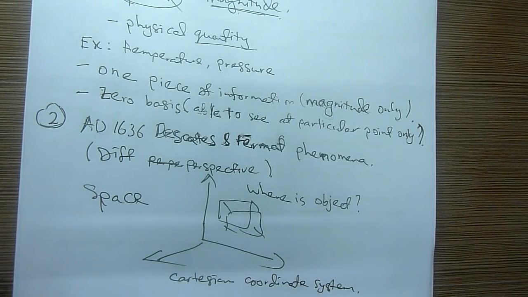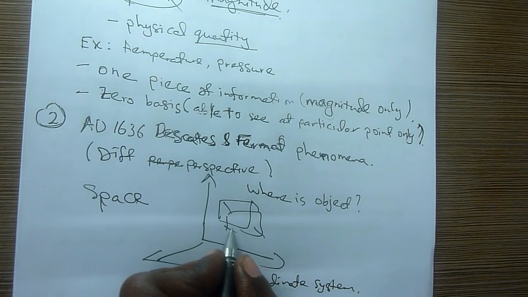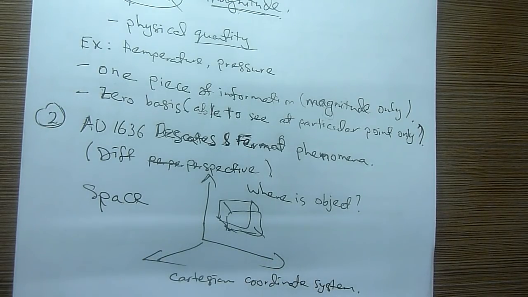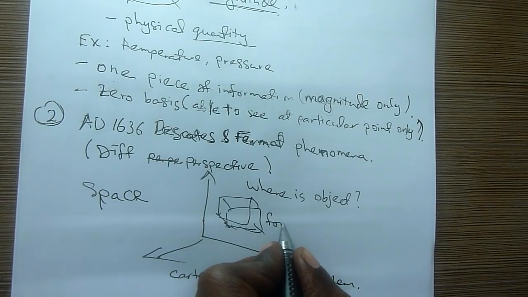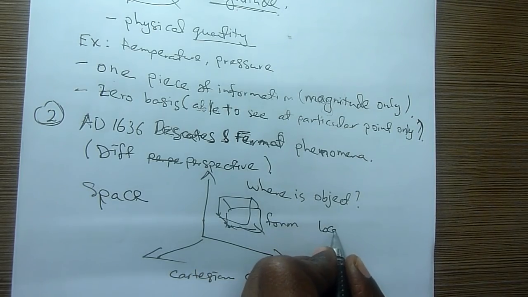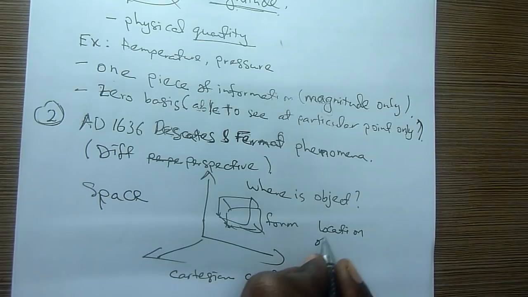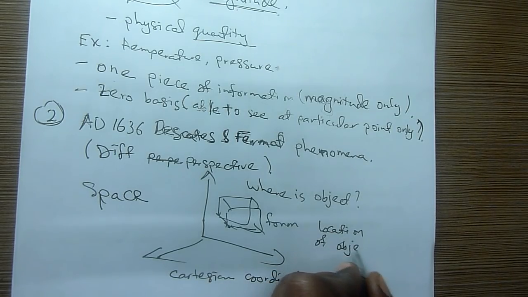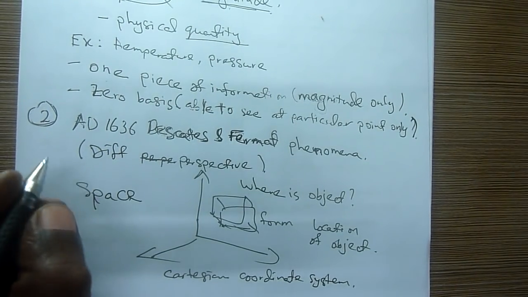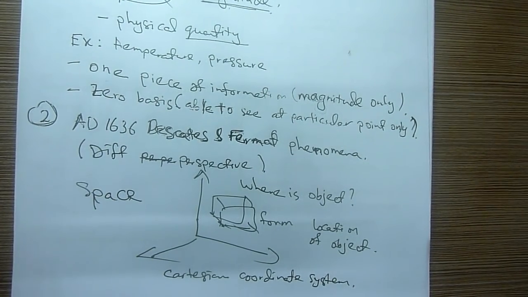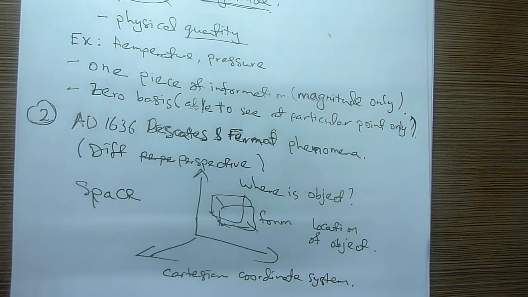Is there any possibility for us to locate any object in a particular location? Therefore, the contribution of Descartes and Fermat gave us a way to see any phenomenon from a different perspective.